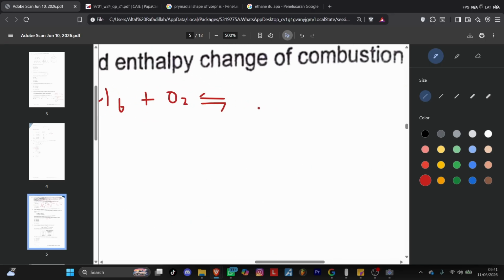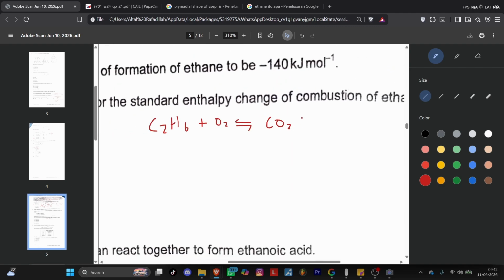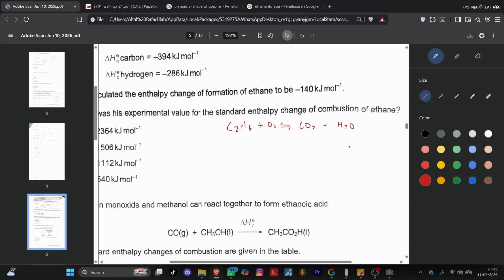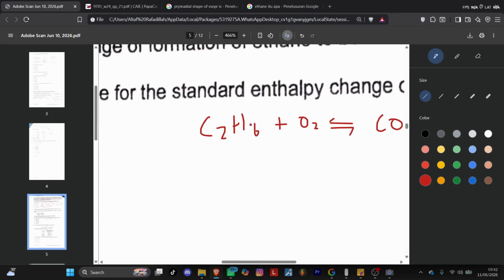So the reaction is obviously CO2 and H2O or water. Now we need to balance it.